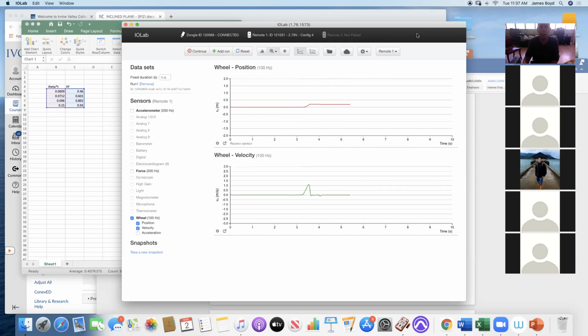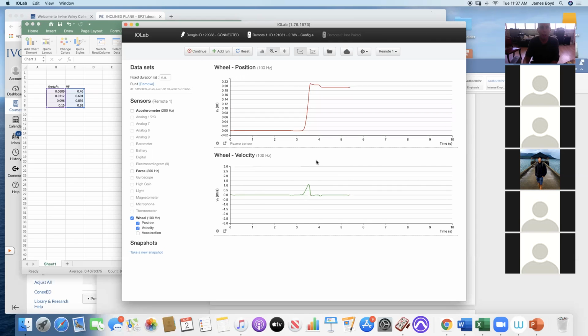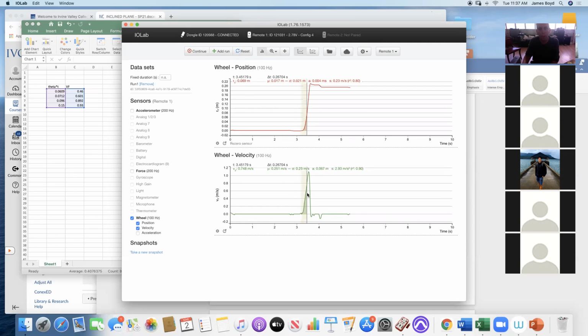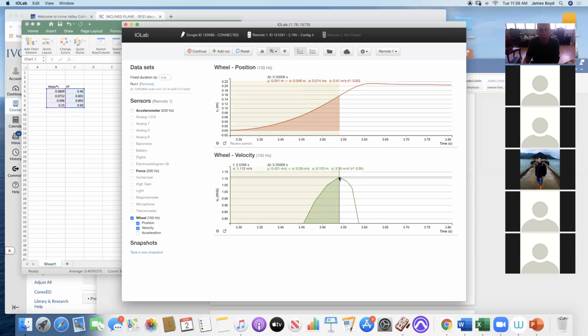So let me see if it's actually got a little bit better. So my V here is 1.092. I could zoom in if I wanted to. 1.072. 1.1. Let me zoom in on that a little bit. It's about 1.112, it looks like.